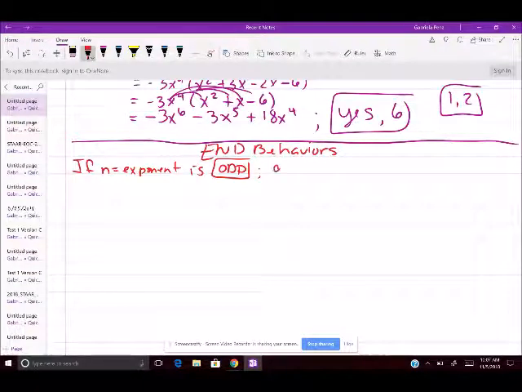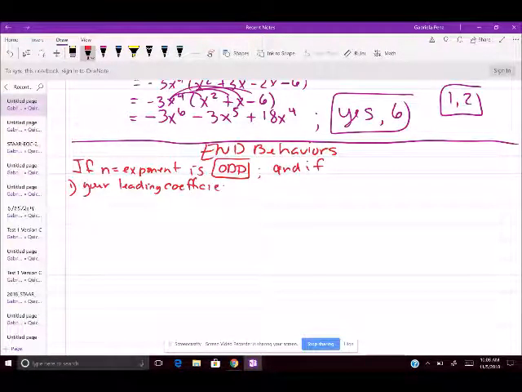And if there's two situations, your leading coefficient. From now on, for leading coefficient, I'm just going to put LC, just so you know.